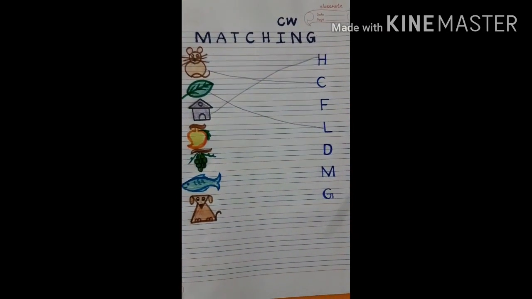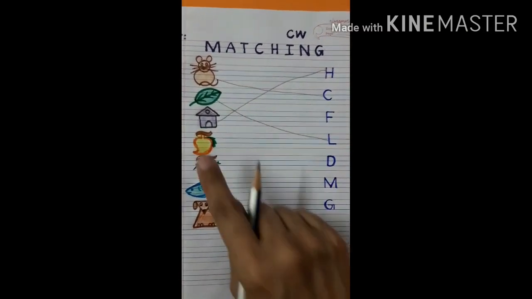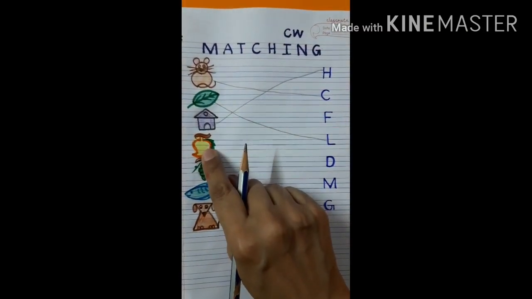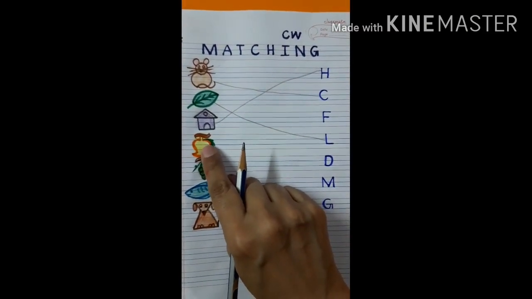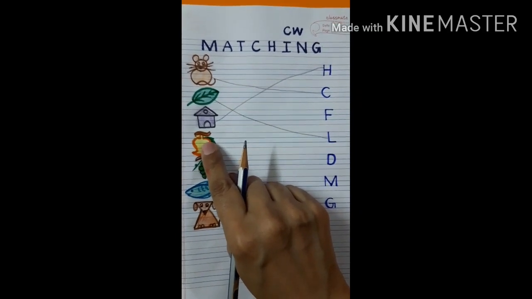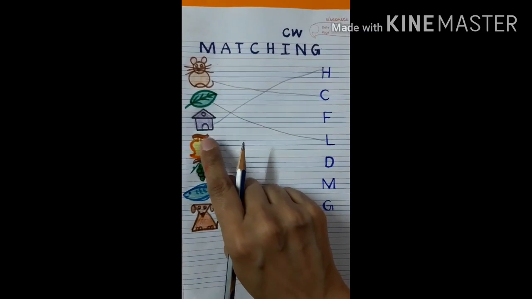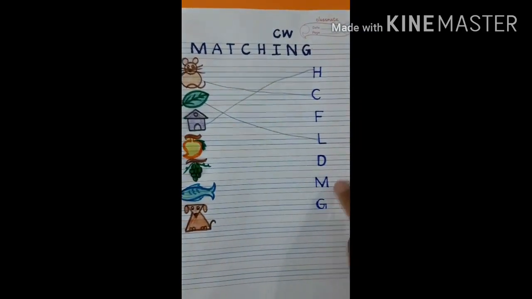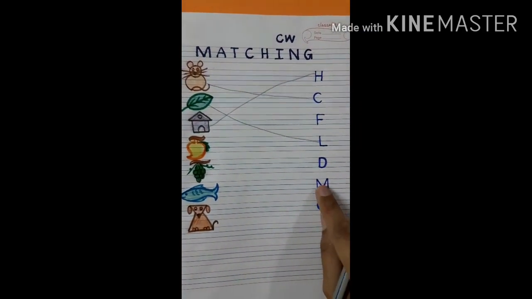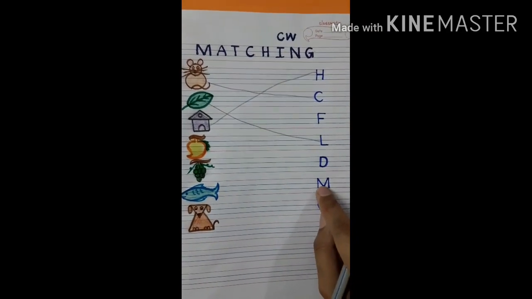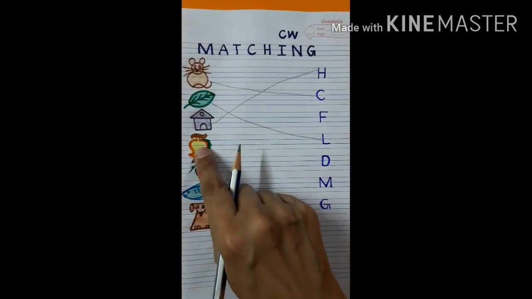Now come to next picture. Next picture is of mango. Mango belongs to which alphabet? Letter M. M for mango.